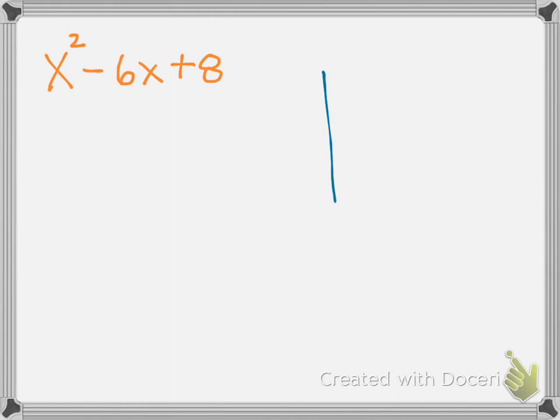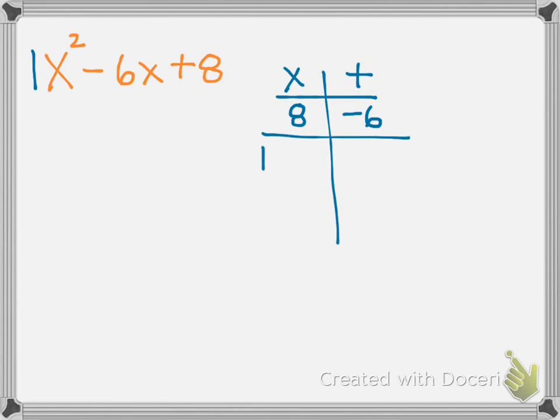So I make my chart. What multiplies to give me 8? It's 1 times 8. Remember, there's a 1 out here. And what adds to give me negative 6? I don't deal with the negatives till the end. I just try to figure out all the factors of 8. I start at 1 because sometimes 1 is the one that you use. 1 and 8, 2 and 4.